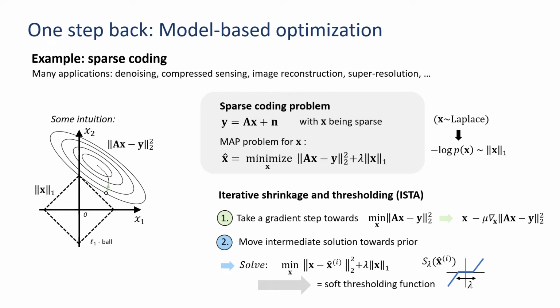And interestingly, for that particular choice, where this regularizer is the L1 norm, or a scaled L1 norm, lambda times the L1 norm of x, this is a soft thresholding function. So then the proximal mapping is a soft thresholding function where, say, the flat region in the middle is dictated by lambda.